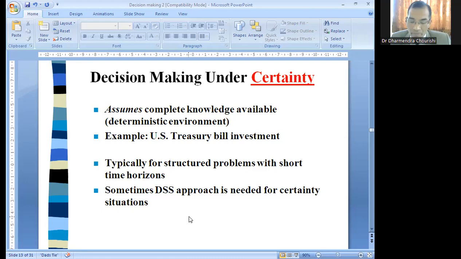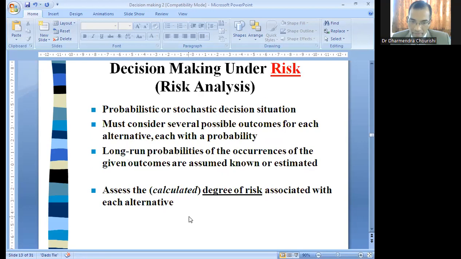All possible options, situations or circumstances will be predicted and assumed in advance, typically for structured problems with a short time horizon. Sometimes DSS approaches are needed for certainty situations. We can go for a mathematical model if some conditions are like that, if the systems are defined.